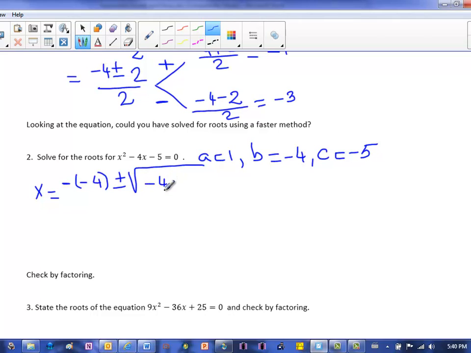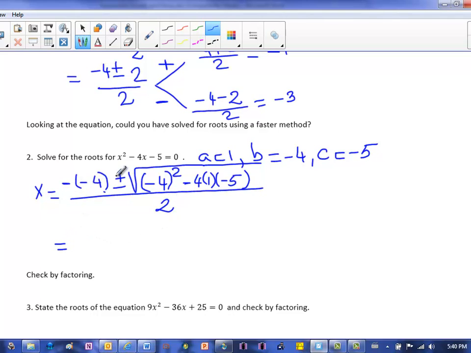We do have to use brackets because we want to show that we have negative 4 multiplied by itself, or negative 4 squared, which will in turn give us a positive result, minus 4 times 1 times negative 5, that's another square root, over 2a or over 2.